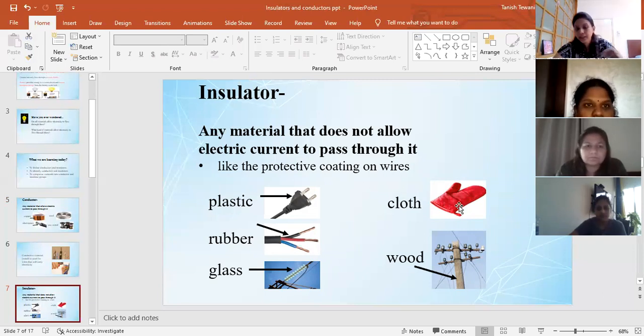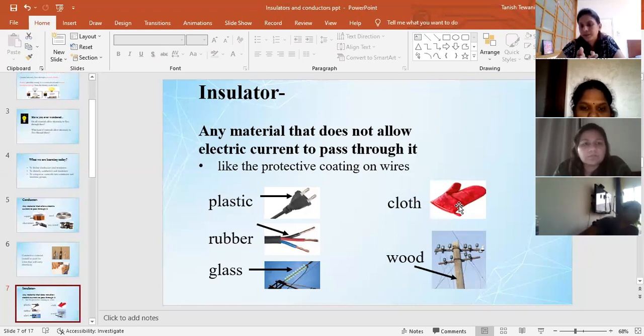Because the dish is very hot, and if she touches it with bare hands, she can get her hands burnt. Also, if the microwave is not off, electricity is passing in the microwave. So every time we should use this cloth glove, right?